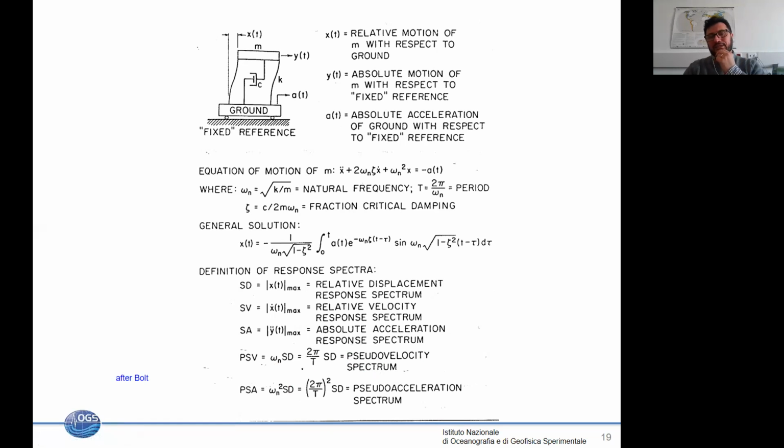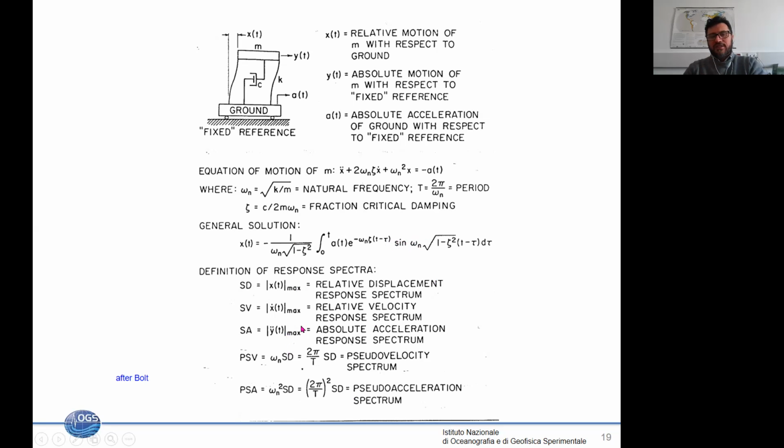There is a slight problem: the pseudo velocity spectrum is a large approximation because, you see, we have a sinus term. So when we multiply by omega, we are not differentiating, so this should be proportional to the cos term. The second derivative to acceleration will give us again a sinus term.